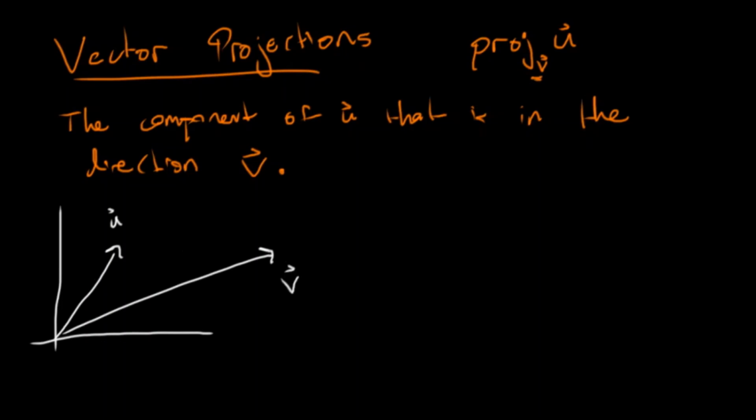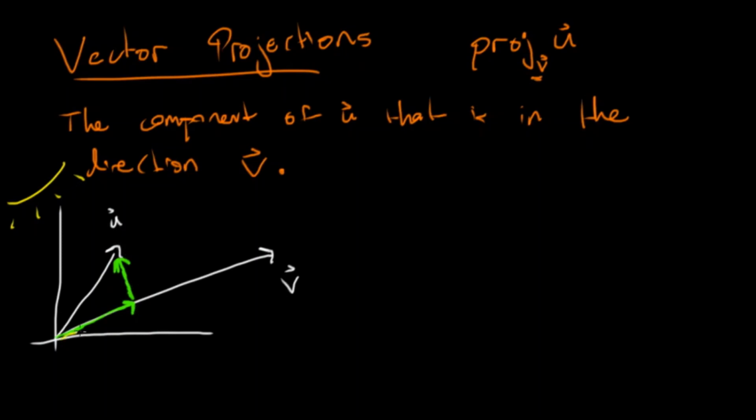So what essentially I'm trying to figure out is, what is this vector right here? How did I get that vector? Well, I like to think of it as, imagine that you have a sun, like the thing in the sky, the celestial body, and it's casting a shadow directly onto you from above, down onto v.